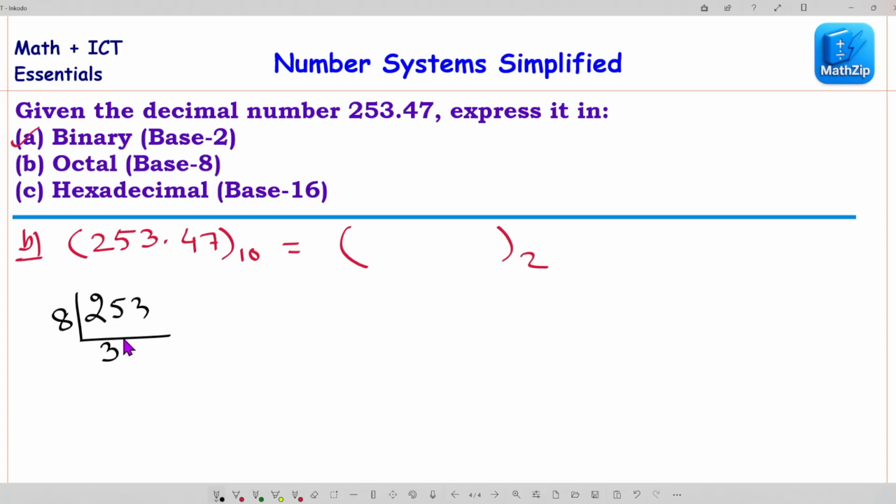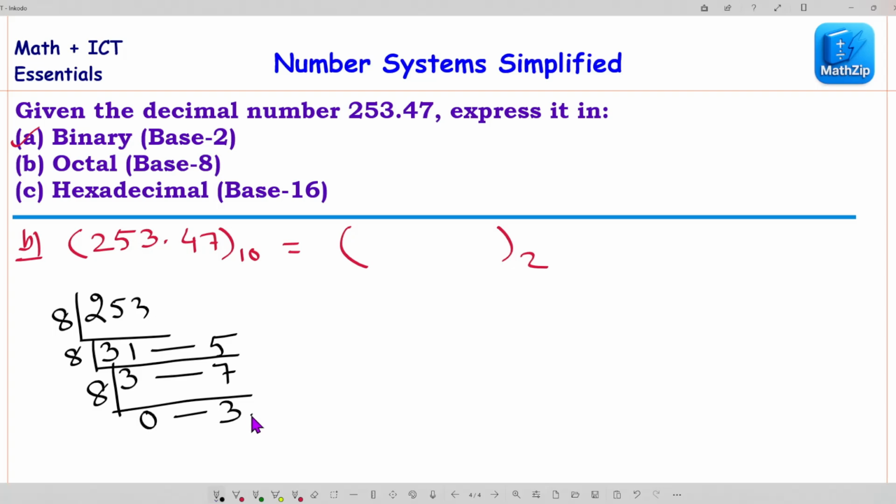So 31, then 31 we can divide by 8, so this one is 3. 3 times 8 is 24. So 31 minus 24 is 7. And finally, once you divide 3 by 8, it becomes 0 and remainder 3.